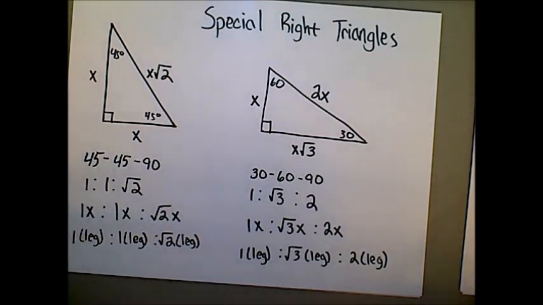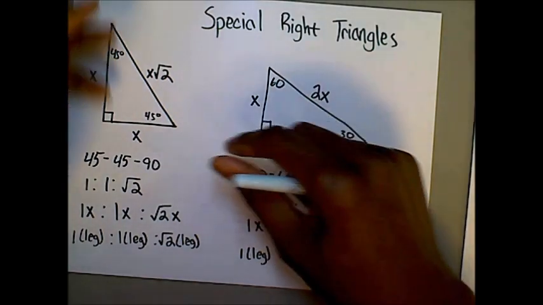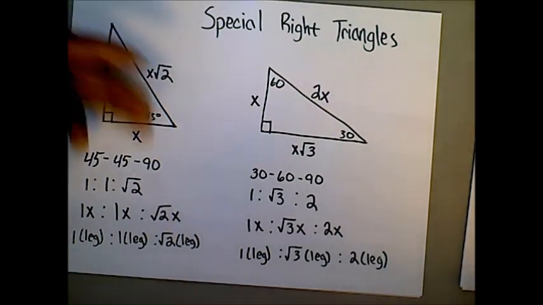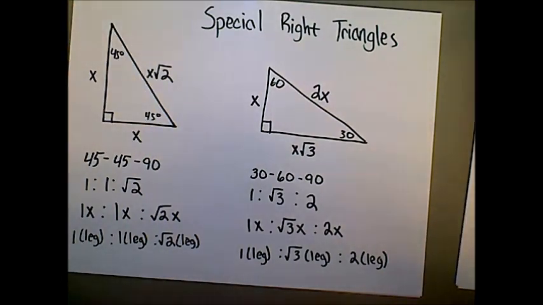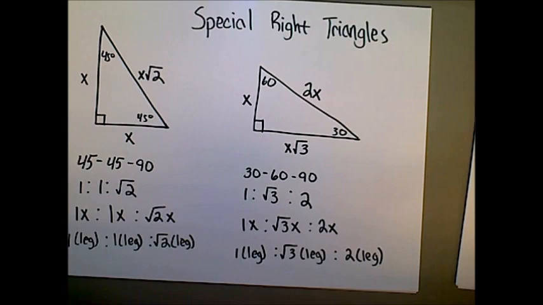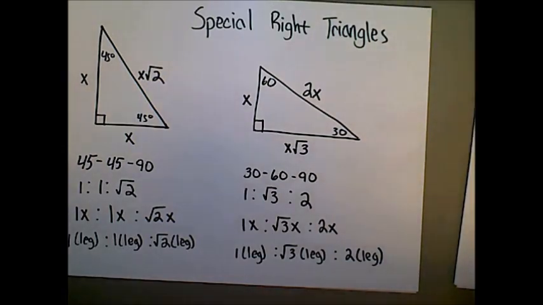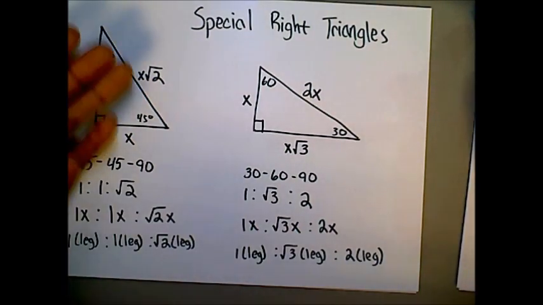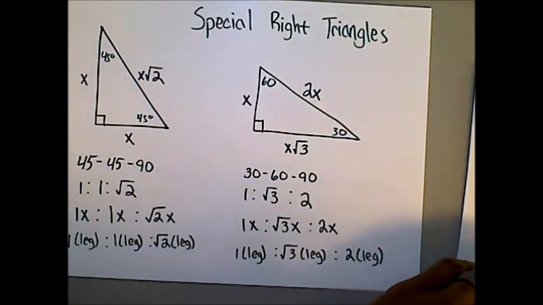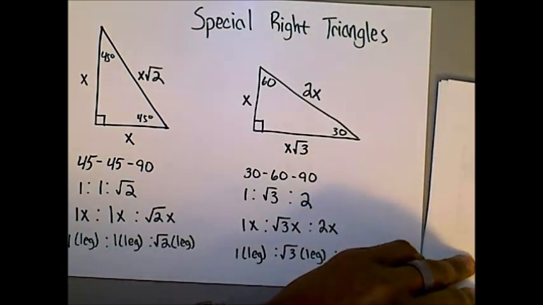Because both of these angles are 45 degrees, their opposite sides are congruent, and 1 squared plus 1 squared is 2, so the hypotenuse is the square root of 2. It'll make more sense when we start doing a couple of practice problems.